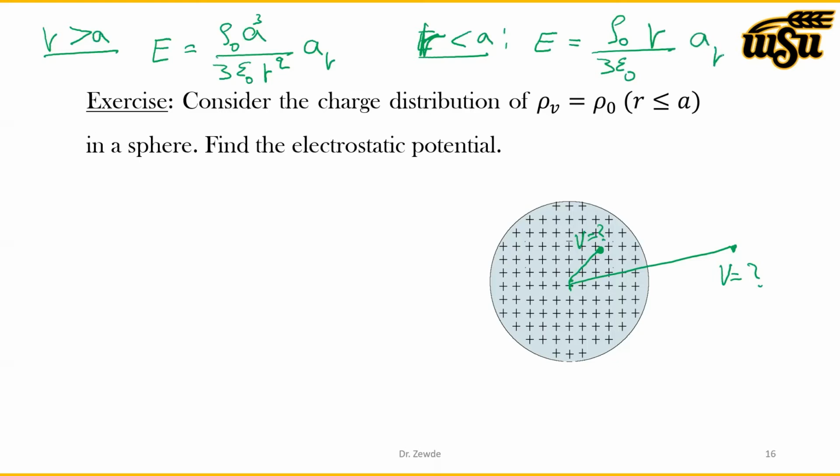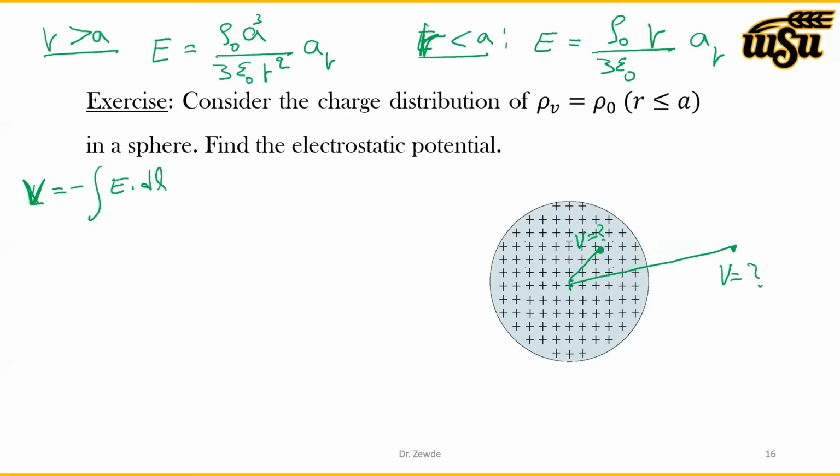So if it is inside the sphere, the electric field vector changes linearly with the radius R. If it is outside the sphere, it decreases with 1 over R squared. So now V, or the electric potential, is given as minus the integral of E dot dl.